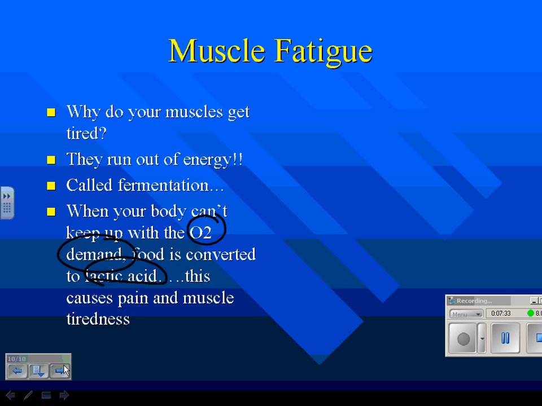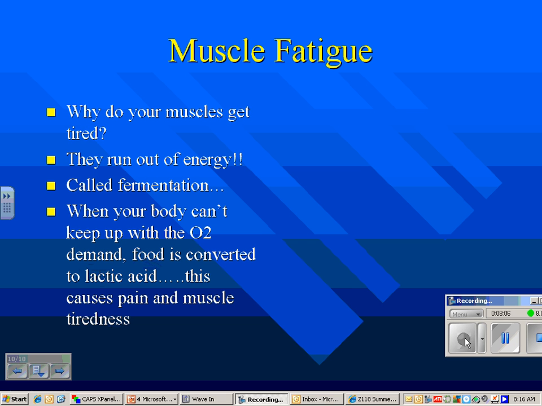It's not necessarily true that that's all of your problem, which we'll talk about in class, but you get tired. You don't produce as much energy, call it muscle tiredness. So your legs get all shaky. Even though your arms feel just fine, your legs might be all shaky and it feels like they can't hold you up. That's muscle fatigue.